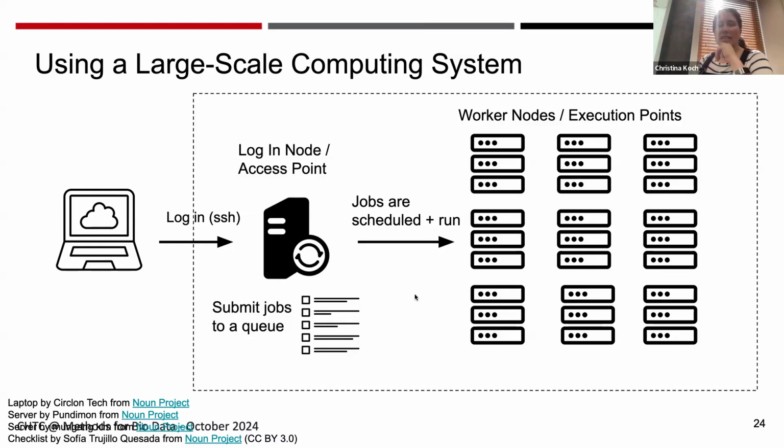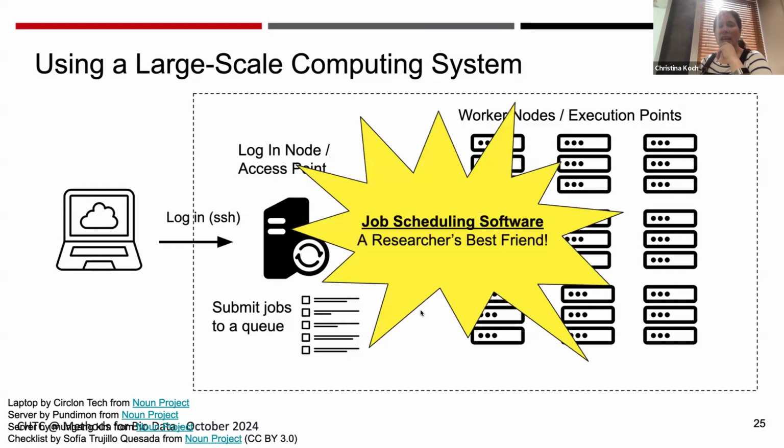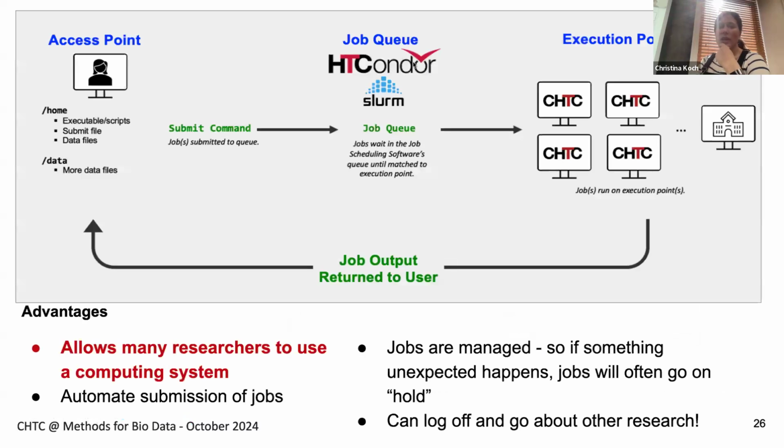So this is the process, and it requires some learning. A big piece of that is learning how to work within this scheduled system and communicating with the scheduler, which on this system is HTCondor. The advantage, as I alluded to earlier, is that you can automate things. You don't have to manually start 50 or 100 different processes. Things are managed. This is what allows us to have a shared system.